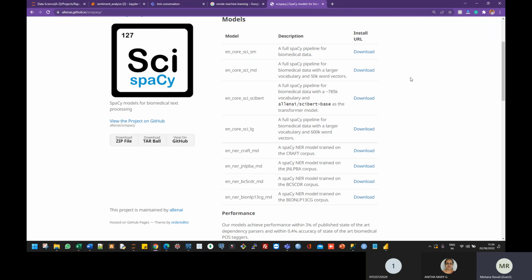But the next four, craft, NLP, these four will give me the entity names. So I chose these four. In these four, again, what is my project? What are the words I want here?